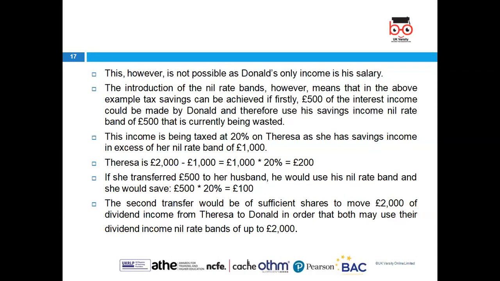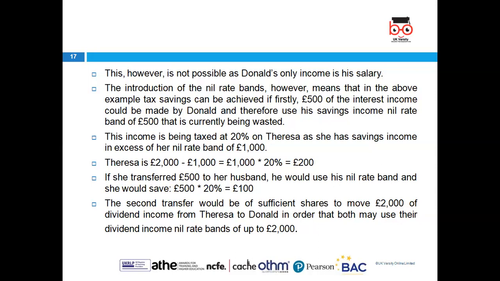So, the nil rate band, which we already know. An example of the savings achieved: the first 500 of interest income could be covered, and therefore use the savings income nil band of 500. In that case, the income is taxed at 20% on the savings income in excess of the nil rate, so 2,000 minus 1,000, so it's 200 pounds to pay in tax.